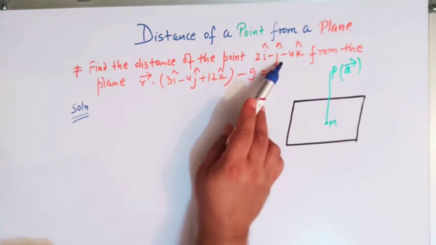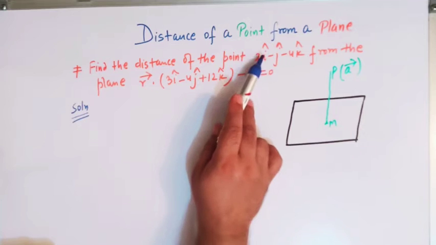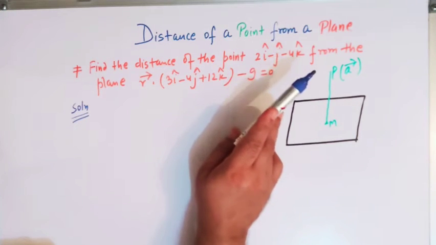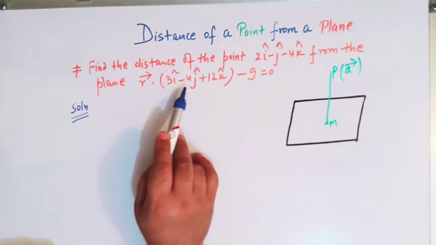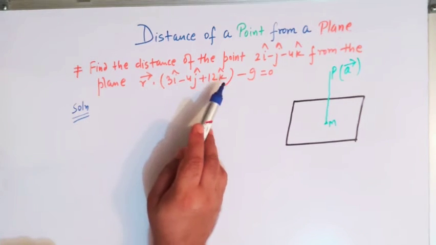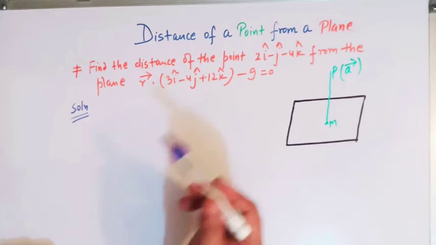Find the distance of the point 2i cap minus j cap minus 4k cap from the plane r dot 3i cap minus 4j cap plus 12k cap minus 9 equal to 0.